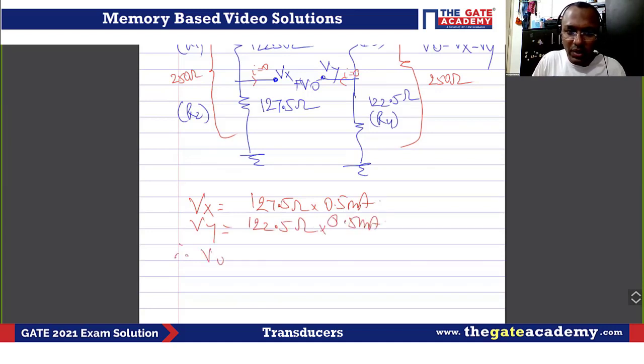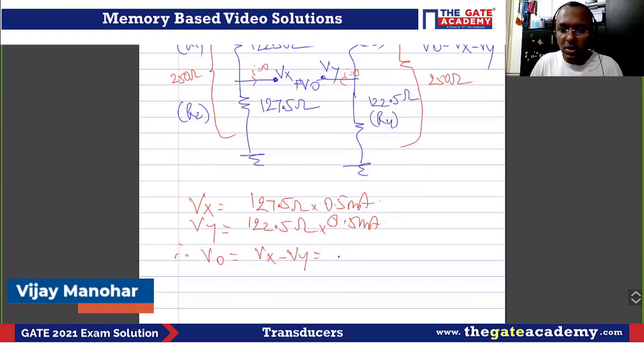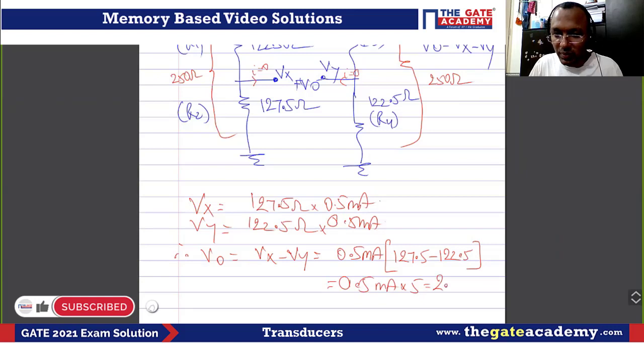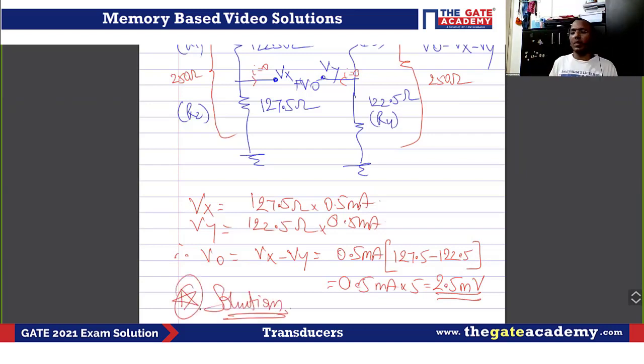Therefore, V naught is equal to Vx minus Vy, which is 0.5 milliampere into 127.5 minus 122.5, which is 0.5 milliampere into 5, which is 2.5 millivolt. This is the solution. Clear? This is another important problem from the transducers topic that we got today.